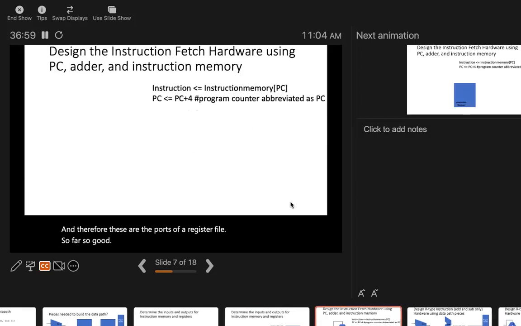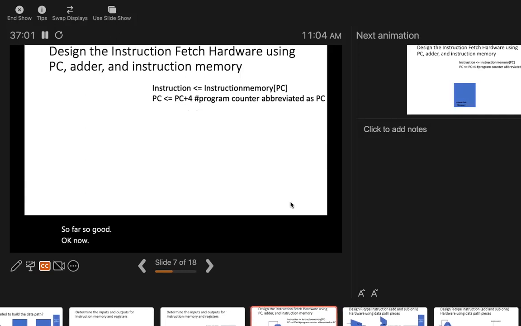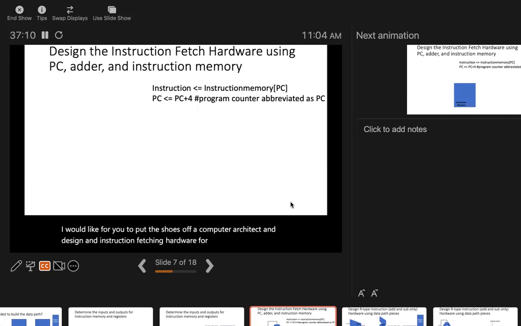Okay. Now I would like for you to put on the shoes of a computer architect and design an instruction fetching hardware for me. All you need to do is use the Lego pieces. Use the Lego pieces and convert this code into a flowchart using those Lego pieces.